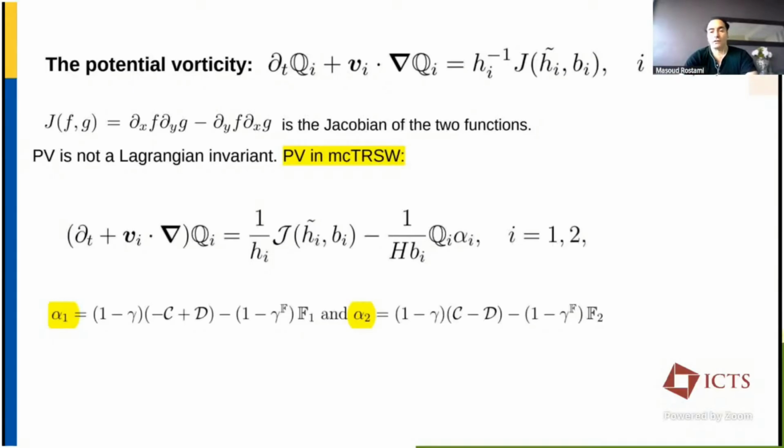Each of them has different effects for each layer, and so we can write down the potential vorticity equation in this system, which we call the moist convective thermal rotating shallow water system, or MCTRSW.